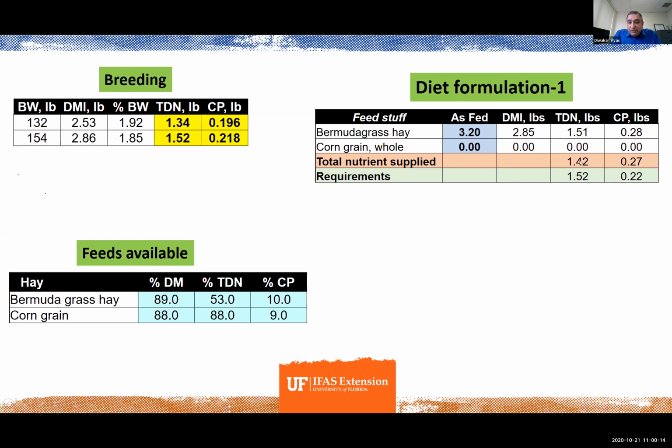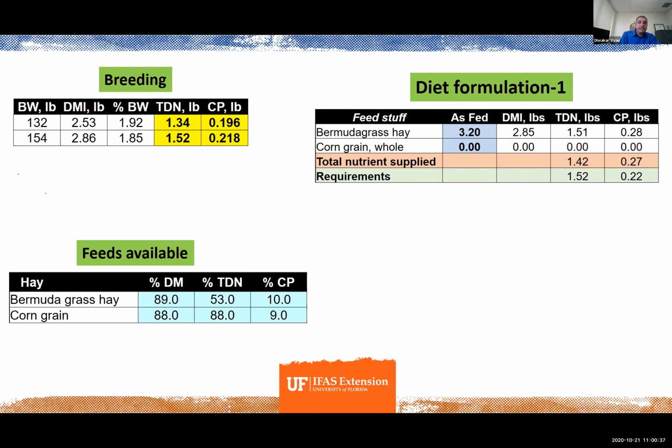You can see that we are only getting TDN of 1.42 pounds, and the requirement is 1.52. So we are not meeting energy requirement. If we look at crude protein, the requirement is 0.22, and we're providing 0.27 pounds. So we are meeting protein requirement, but we are not meeting energy requirements.